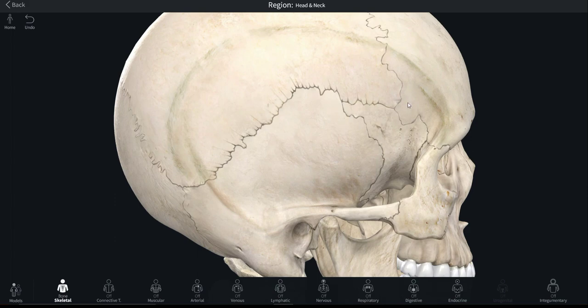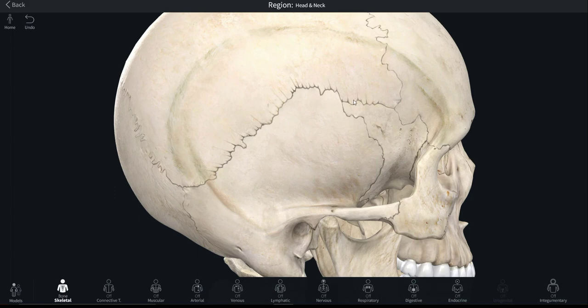So these four bones, that is the frontal bone in front, the greater wing of sphenoid below, and the squamous part of the temporal bone behind, and obviously the parietal bone's anterior-inferior angle over here.